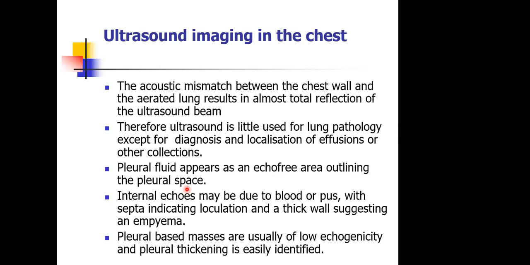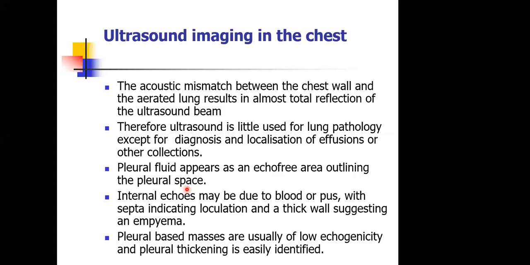There are challenges that have made it not develop roots in some of these areas fast enough. One of them is the acoustic mismatch between the chest wall and the aerated lungs. When we did the introductory sessions, we said gaseous medium is a big limitation when it comes to ultrasound scan usage.